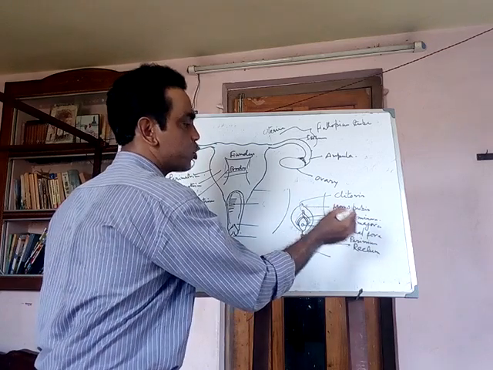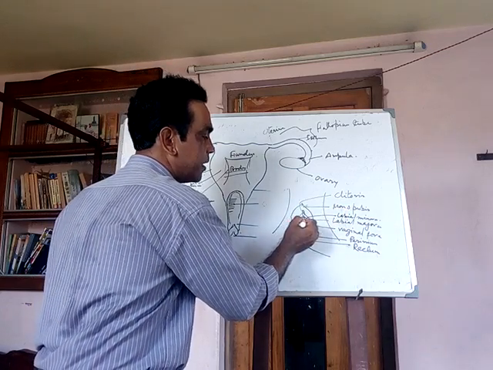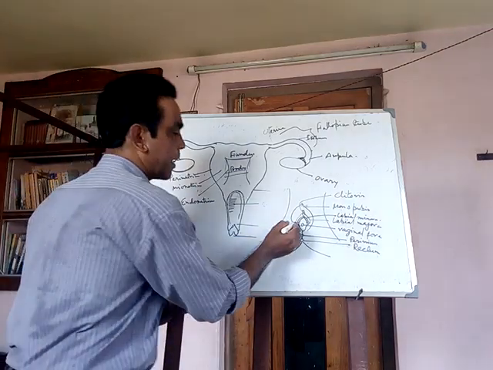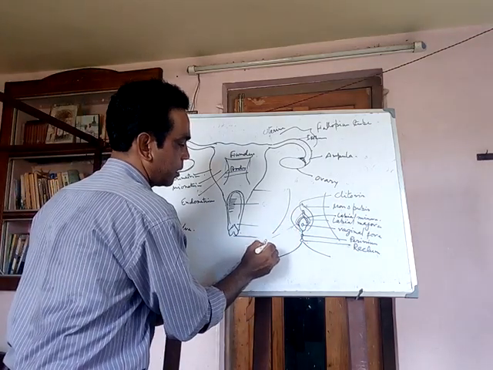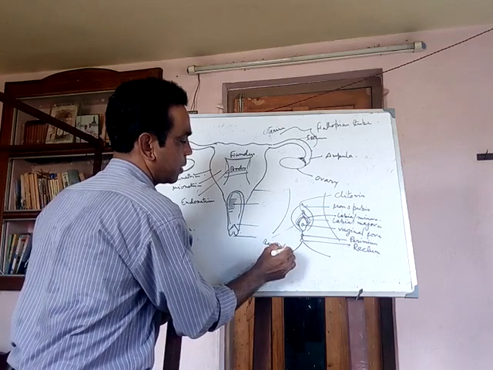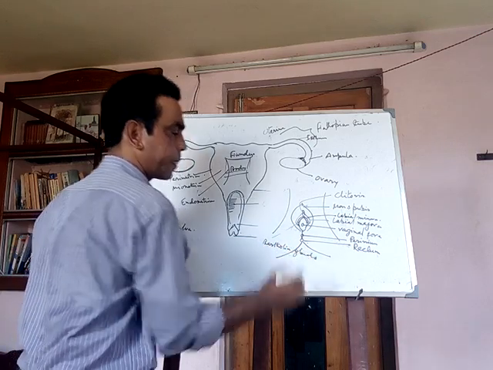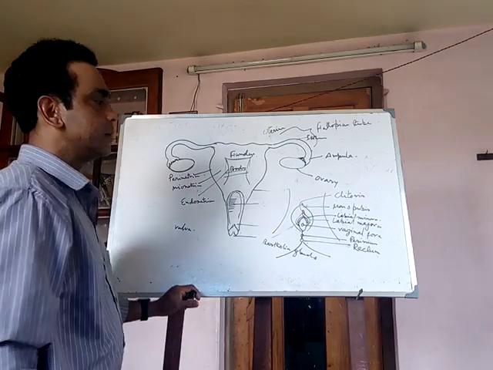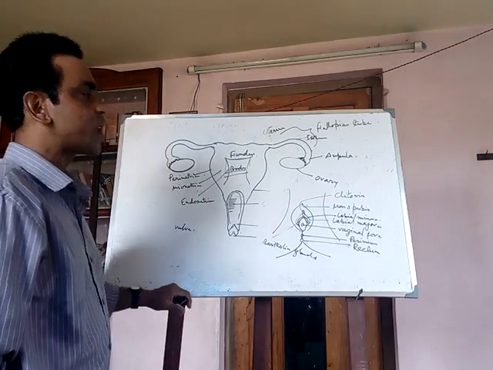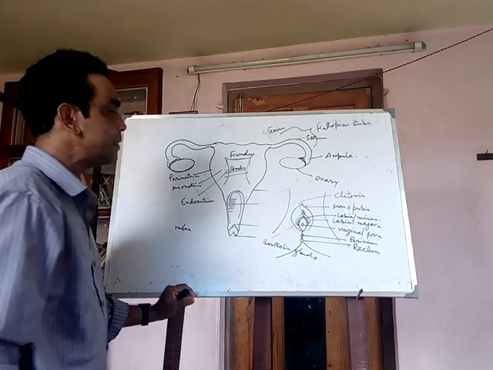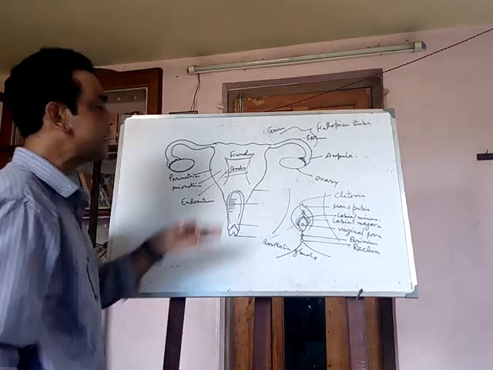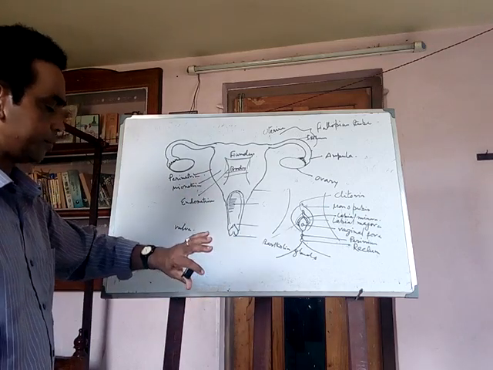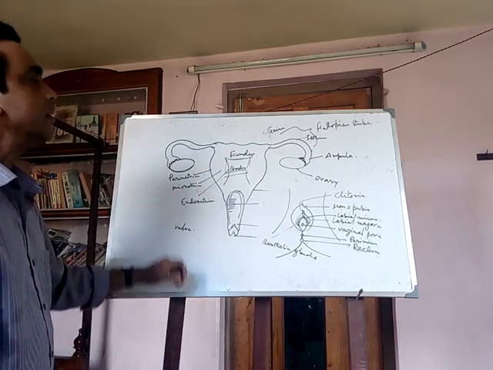In between the labia majora and labia minora, there are nodule-like glands present, called Bartholin glands. So here we learn about the external and internal structure of the female sexual organ and their parts.